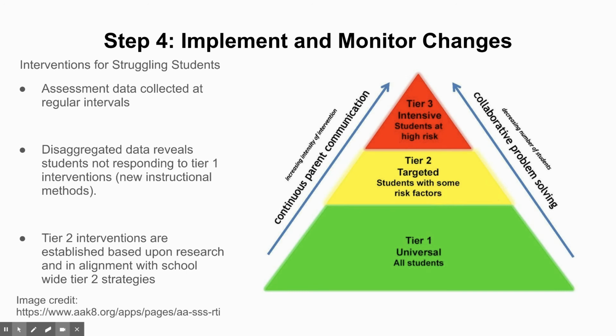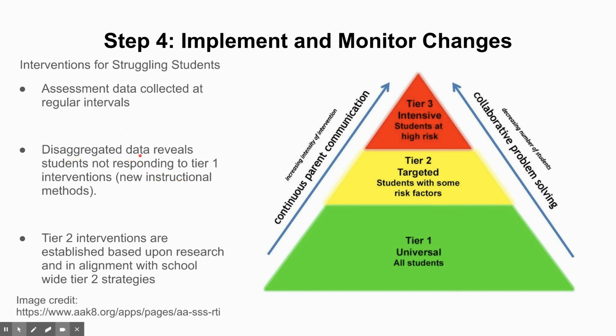So, interventions for struggling students. We, of course, know that just because we are implementing a new tier 1 intervention, right, something that we're doing for all students in order to improve a specific area of need, that does not mean that every student is going to respond in the same way. And so, assessment data is still collected at regular intervals and discussed at TBT meetings as necessary.